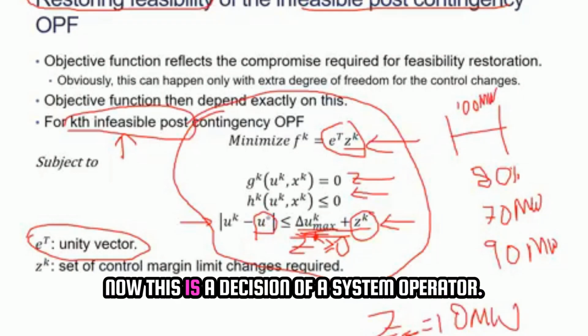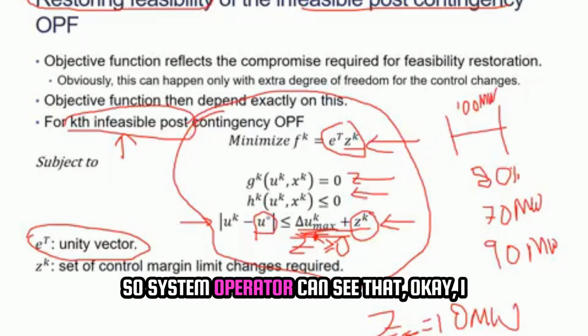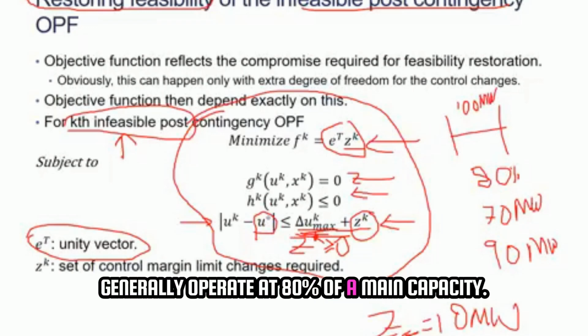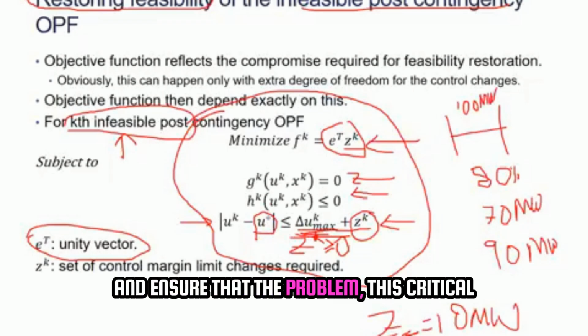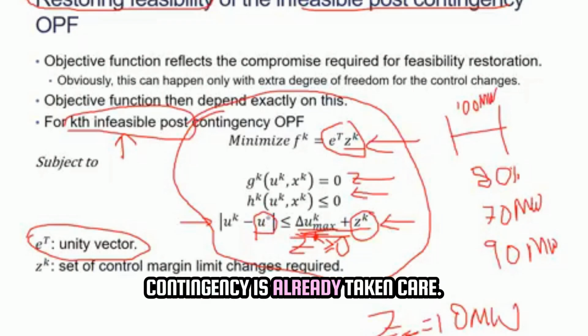Now this is a decision of the system operator. The system operator can say, okay, I generally operate at 80% of the maximum capacity, let us increase it by just 10% and ensure that this critical contingency is already taken care of.